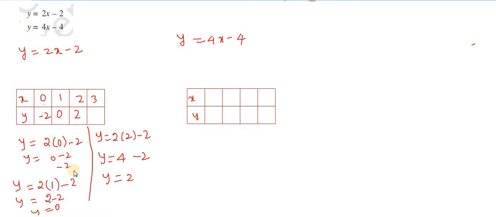Now we'll go for the next value, that is 3. Actually 2 points are enough, but if you want we can go for 3. Two or three points is enough. So y is equal to 2 times 3 minus 2, that is 6 minus 2, which is equal to 4.